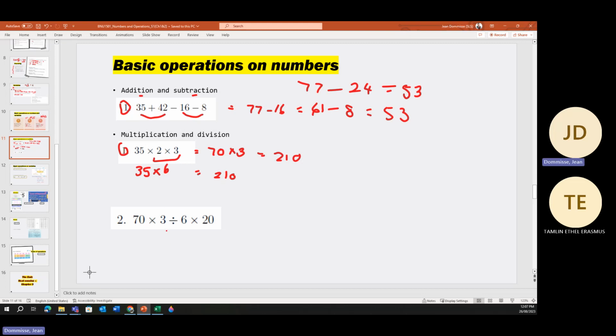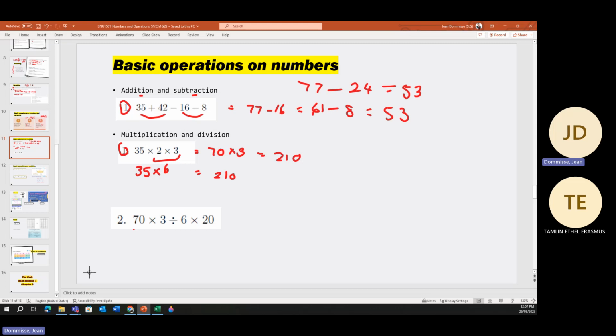Now the next one is where there is a division in between the multiplications. Again, let me show you a few options.